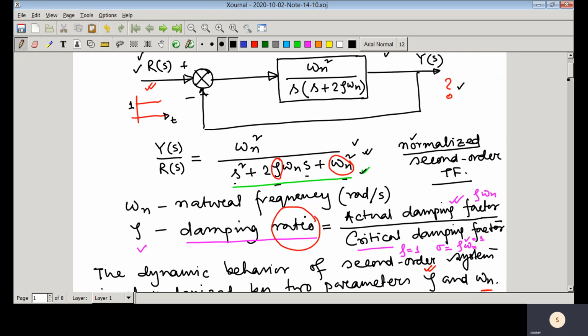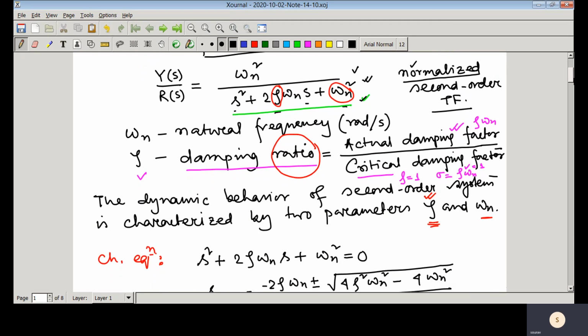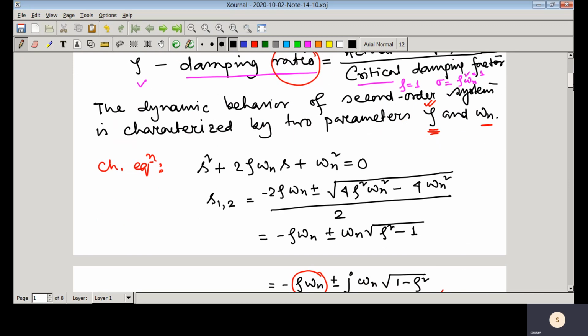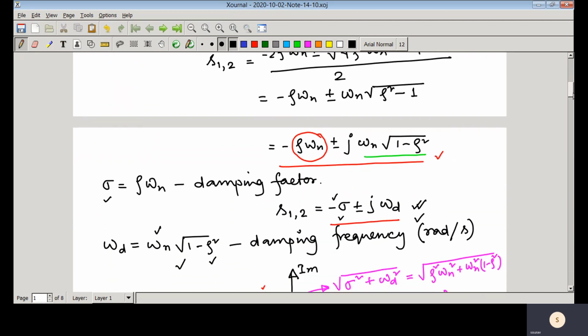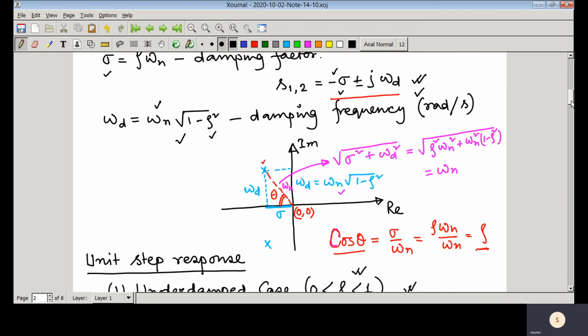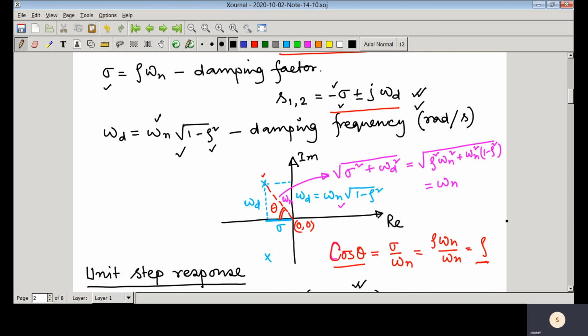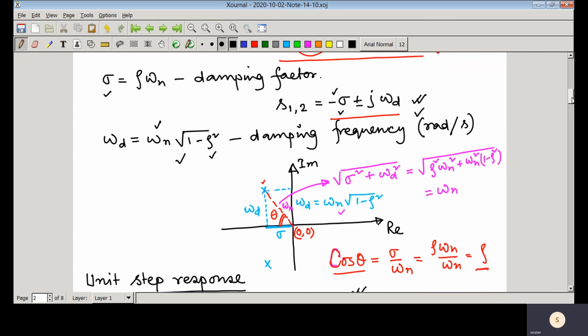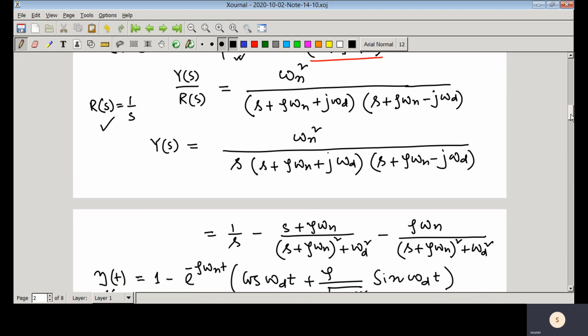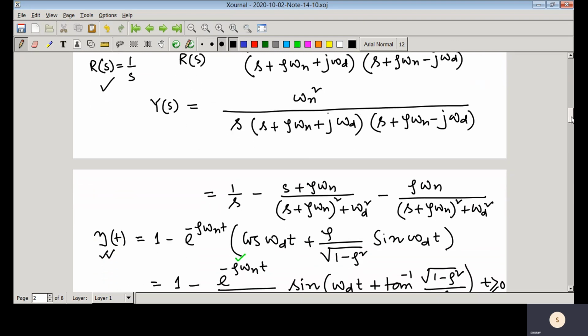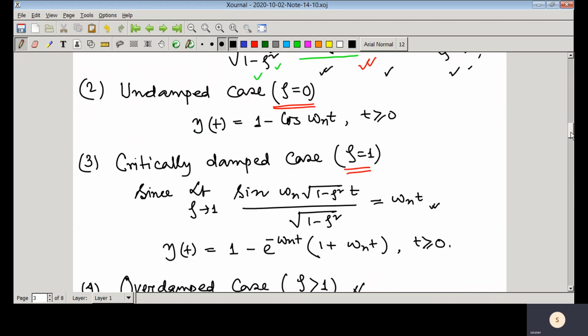They characterize the response of a second order system, and here we have defined what is natural frequency, what is damping ratio, what is damping factor, what is damping frequency, and we have shown how to find the damping ratio from the poles location. Then we have derived that expression in 4 different cases: underdamped case, overdamped case, critically damped case, and undamped case.